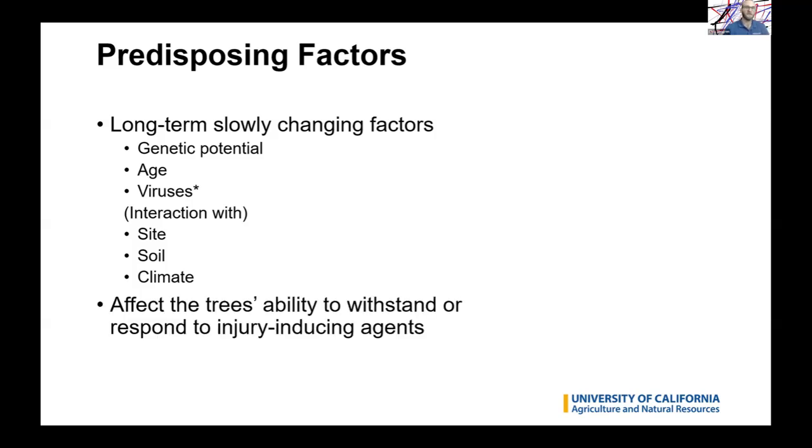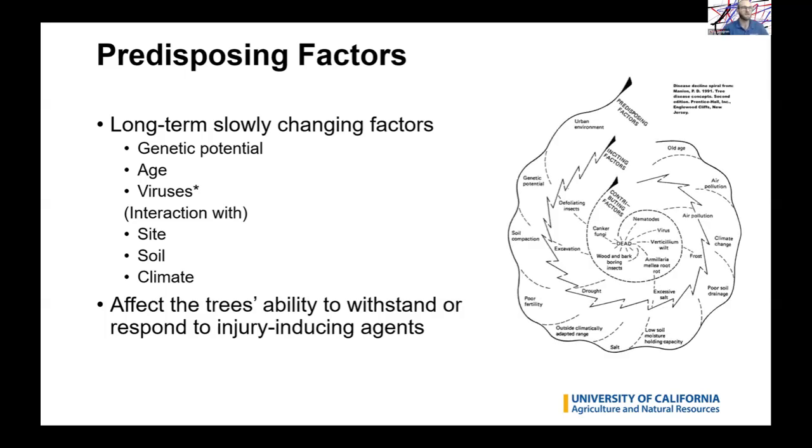All these predisposing factors affect a tree's ability to withstand any potential injury or other factors later on. If we go back to the decline spiral, looking at all the different things listed there, you can see a lot of other examples that I didn't list here.